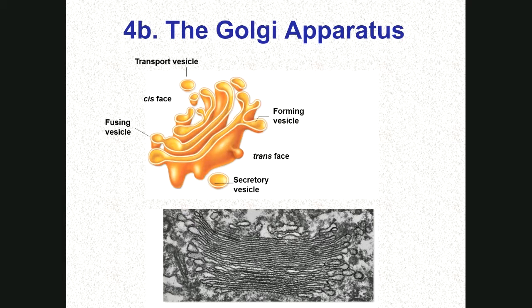It receives and ships. Receive, put a stamp, making it look mature, and send it. It's a post office. Receive, modify, store, and ship products of the endoplasmic reticulum.